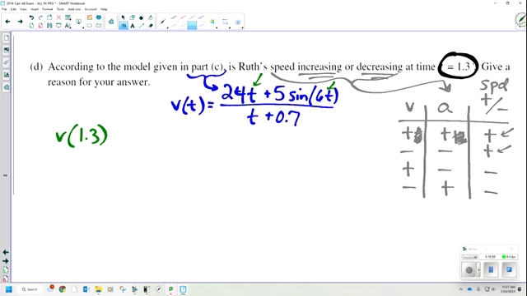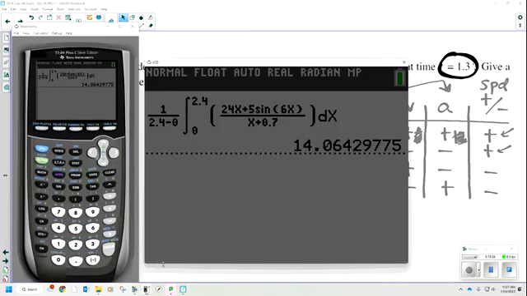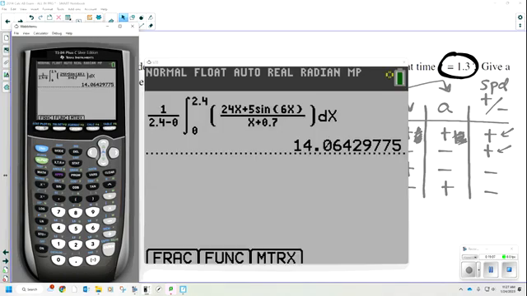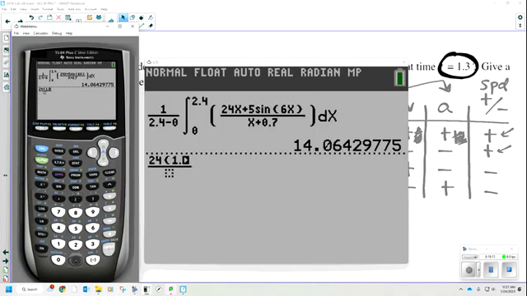1, 2, 3. And again, we could use a calculator. Thank goodness. Alpha y equals, enter. That's 24 times 1.3 plus 5 sine of 6 times 1.3. Let's make sure we have enough closed parentheses, and we do, all over 1.3 plus 0.7.